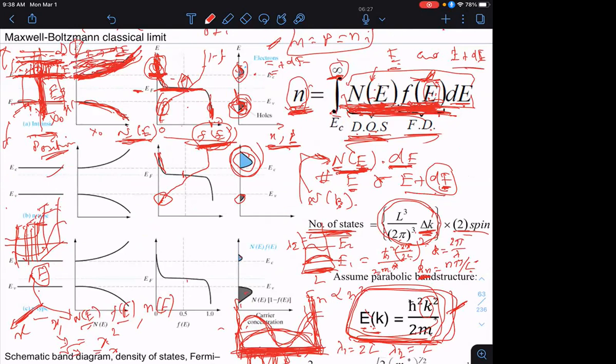Notice what I'm doing. In this integral, I take the density of states and weight that by the occupancy factors. So what that means is, a state which is at a higher energy, should I count that as heavily as a state at a lower energy?